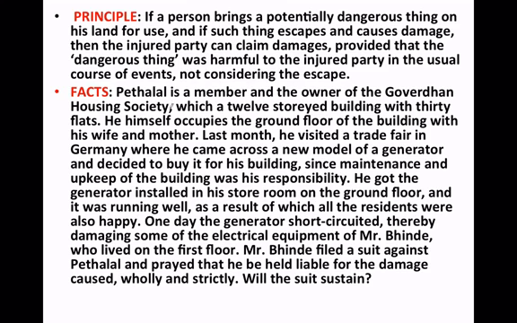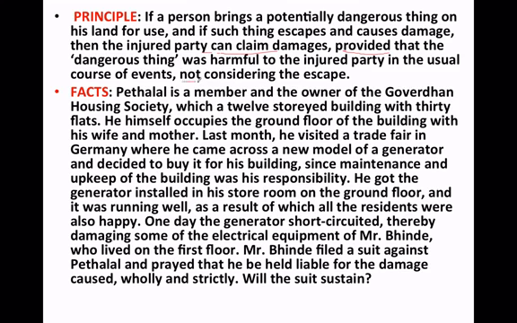Coming to the next question, the principle here says that a person who brings a potentially dangerous thing on his land for use, and if such a thing escapes and causes damage, then the injured party can claim damages, provided, which is a very important word here, that the dangerous thing was harmful to the injured party in the usual course of events, not considering the escape.